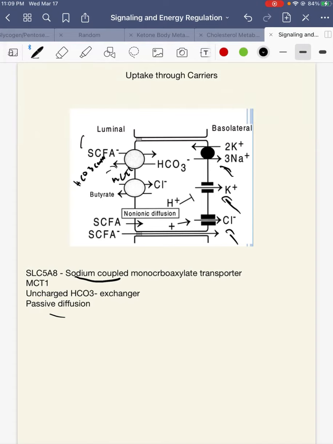It doesn't show SLC in the picture, the sodium coupled monocarboxylate transporter. But that's how you would exchange short chain fatty acids between our lumen and the microbiome.